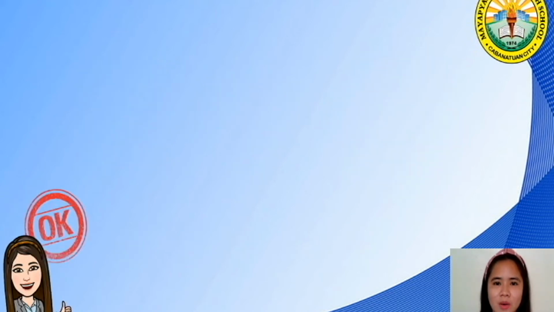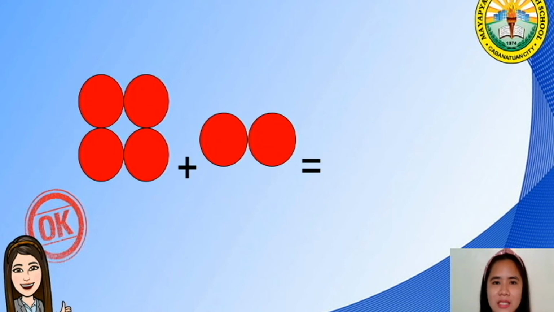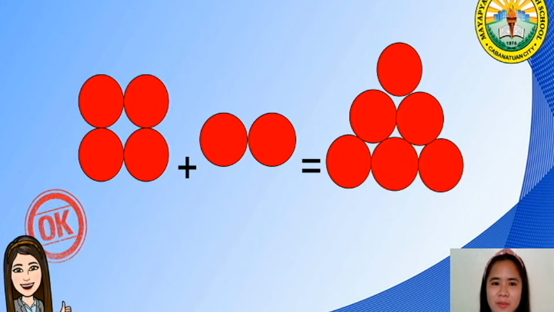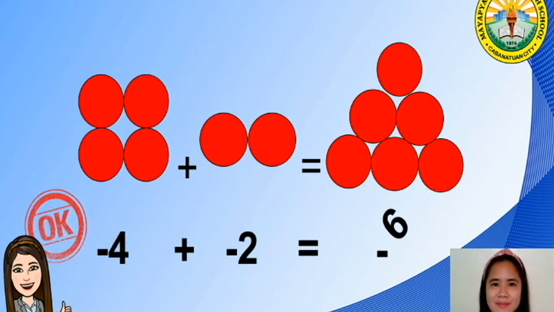How about this one? We have 4 red chips plus 2 red chips. How many red chips do we have now? Nice one. We have 6 red chips. Let us replace it with numbers. Negative 4 plus negative 2 equals negative 6.